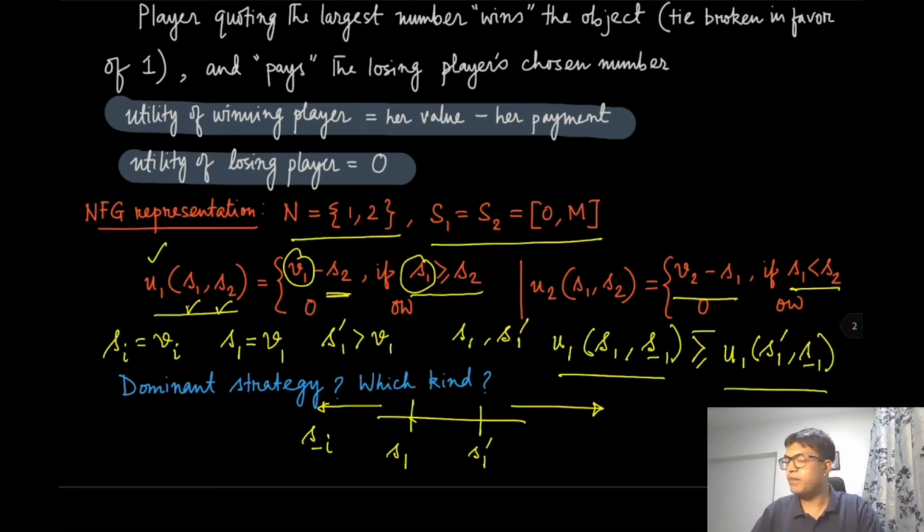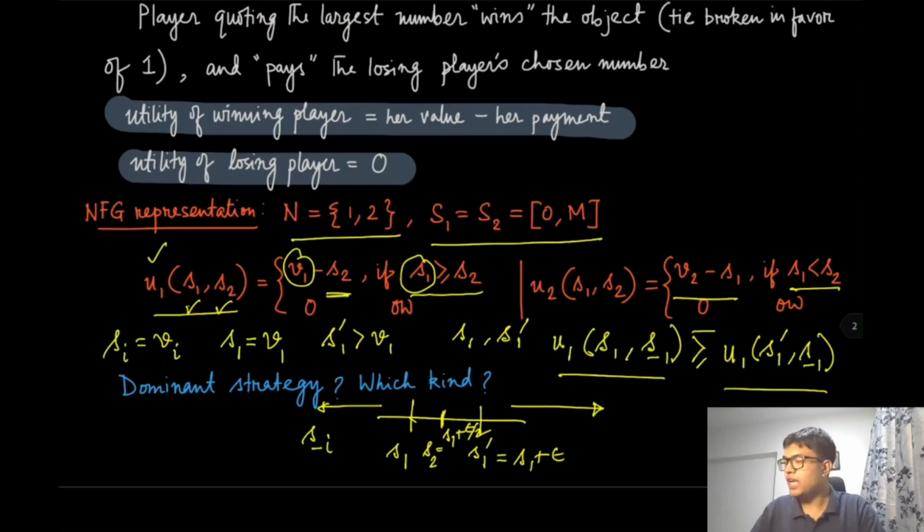There also the inequality is satisfied with equality. Now the interesting part happens when S minus 1, that is S2, sits somewhere in between. Let's say S1 prime is S1 plus epsilon, and S2 is somewhere in between, which is S1 plus epsilon by 2. What happens in this case?